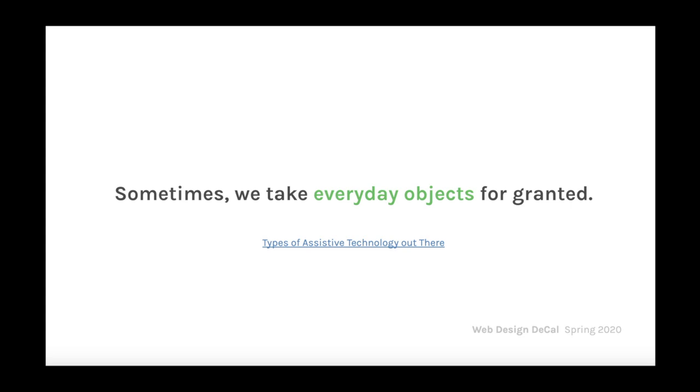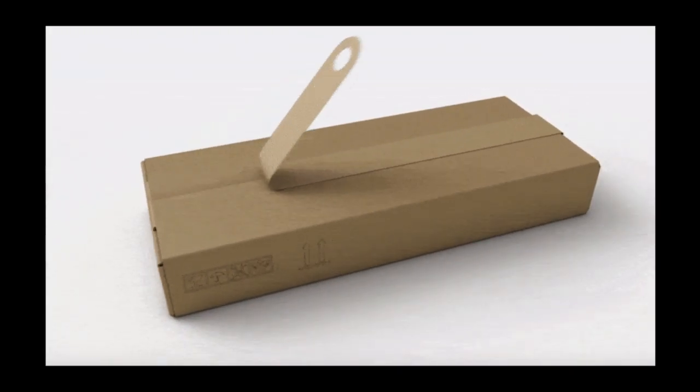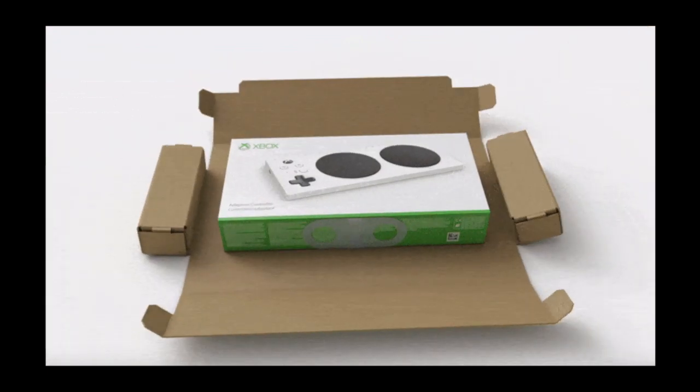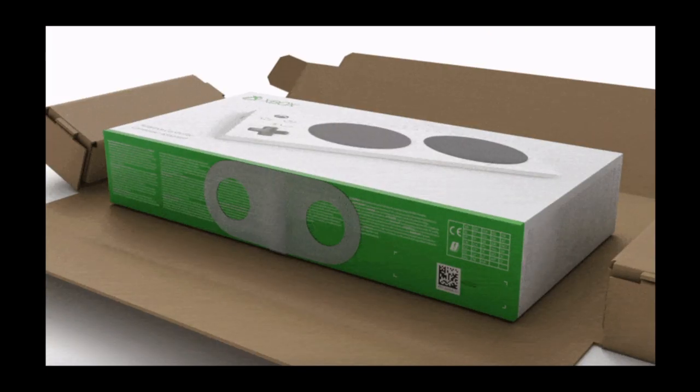And sometimes we take these everyday objects for granted. In recent years, there's been a lot of assistive technology that has been released to help people with these different kinds of disabilities navigate around these everyday objects. One example is Microsoft's Xbox game controller.